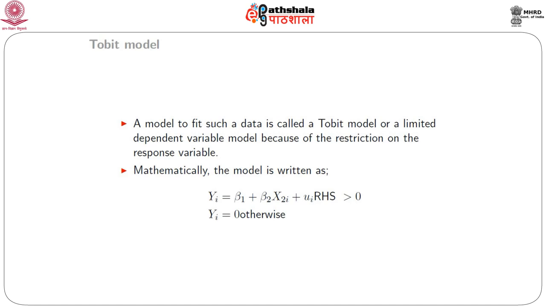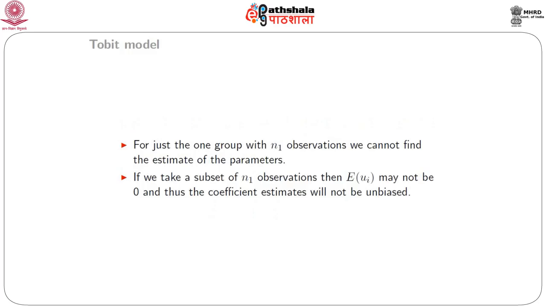Mathematically, the model is written as follows. It is given by yi equals beta 1 plus beta 2 x2i plus u2i, where u2i is the error term, if the right hand side is greater than 0, and yi equals 0 otherwise.